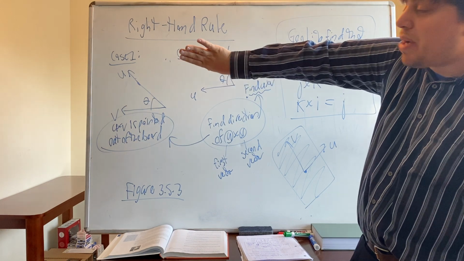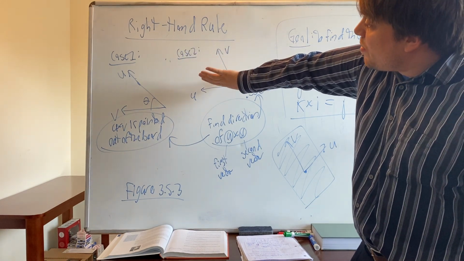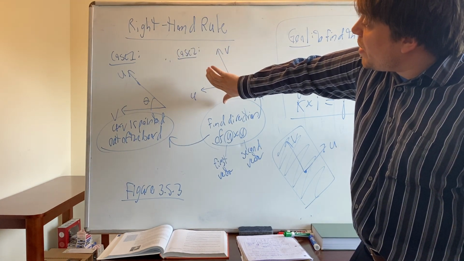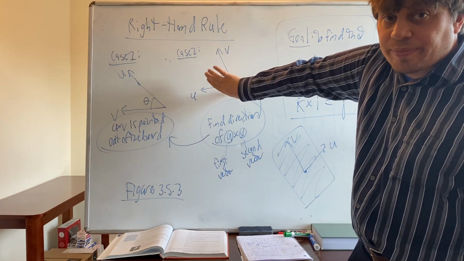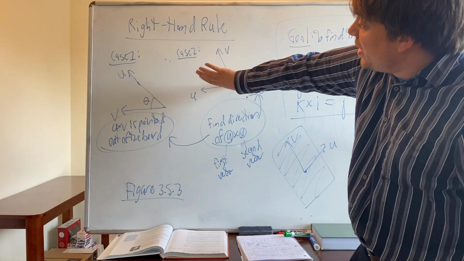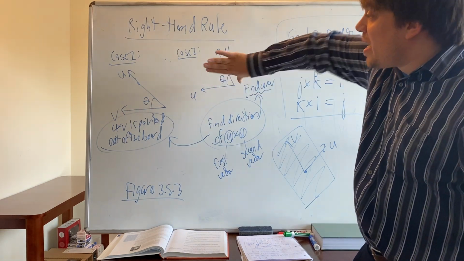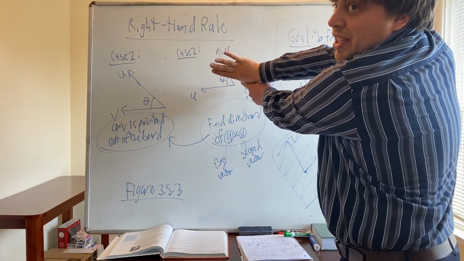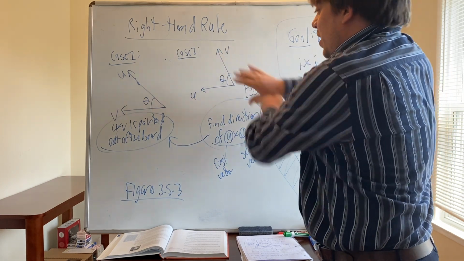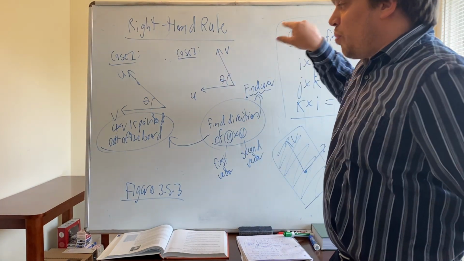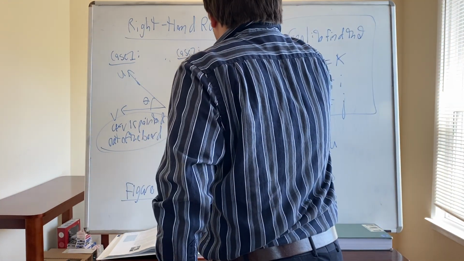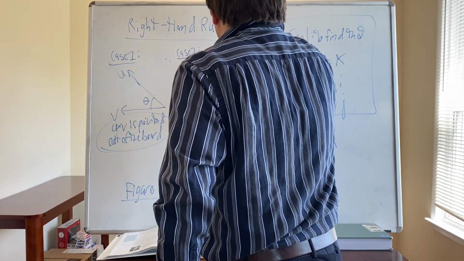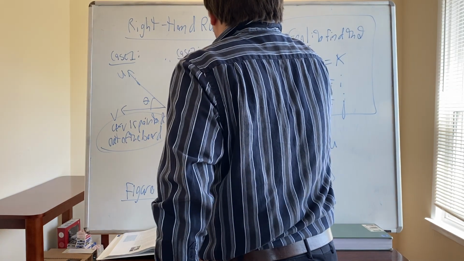And if I hold my hand that way, then when I curl my fingers now, my fingers are curling towards V in the shortest route, in the shorter route. And my fingers curling this way is going the shortest route to V, and now my thumb is pointing into the board, and by the right-hand rule, that's telling me that U cross V is pointing into the board in that example. So here, U cross V is pointed towards the board.